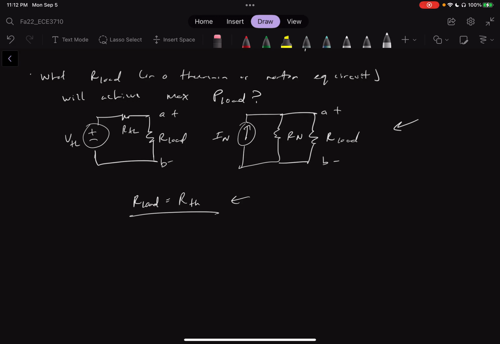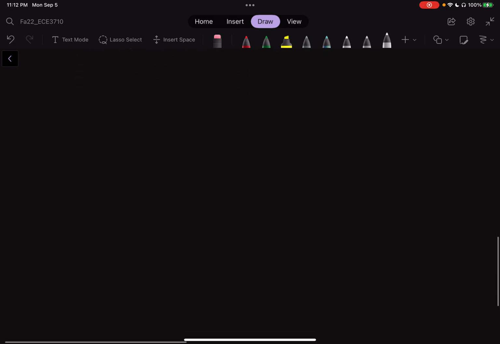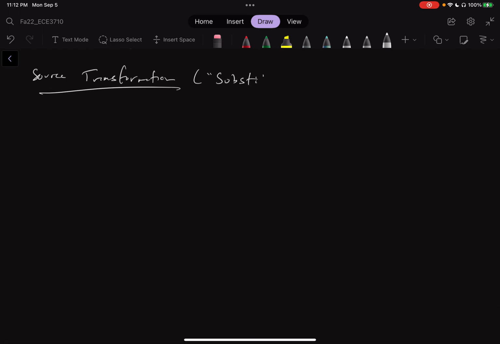Okay, last thing I want to talk about before we do practice problems is source transformation. Source transformation is actually source substitution.